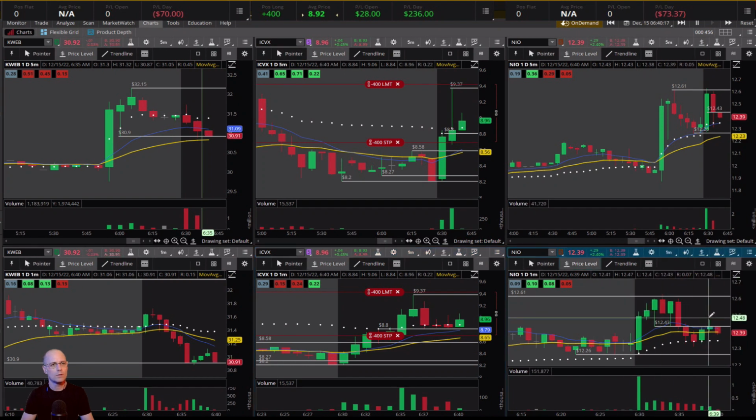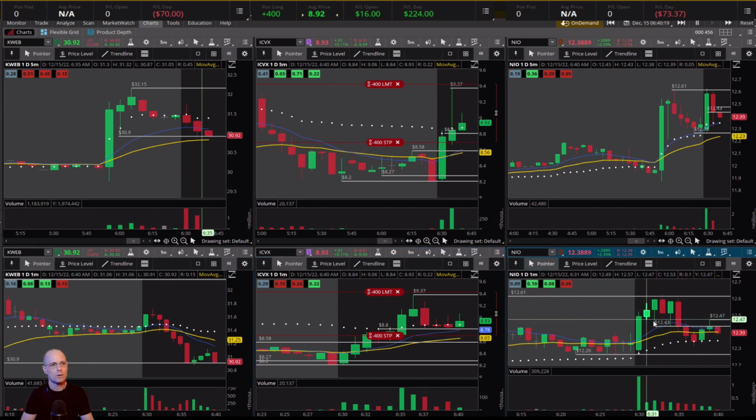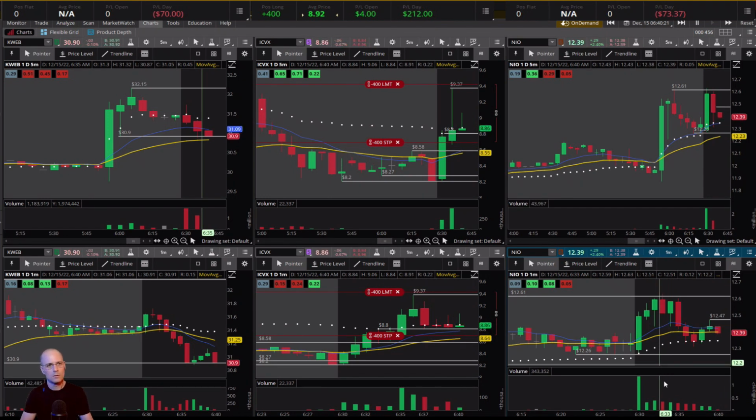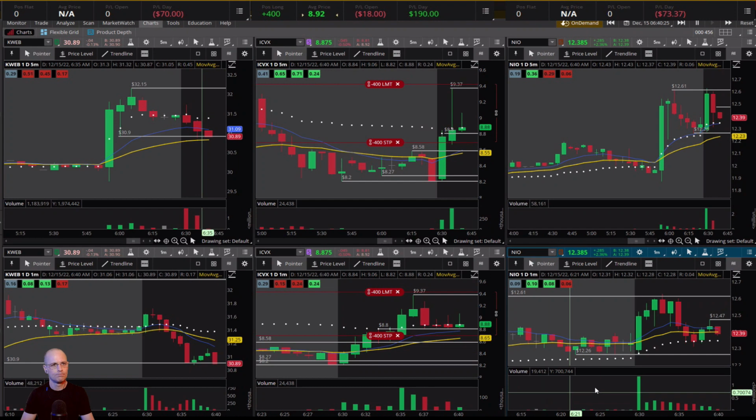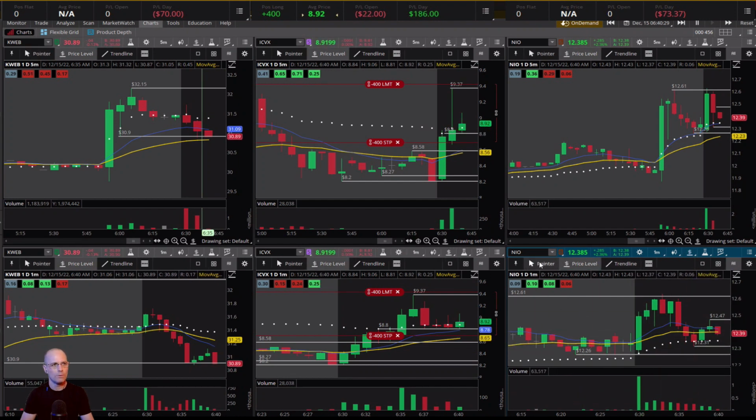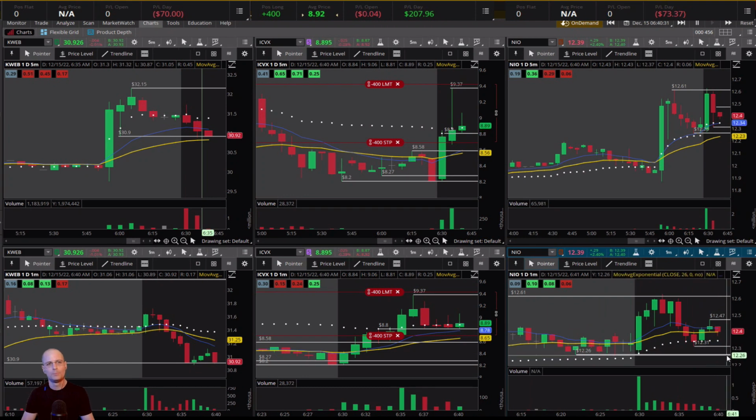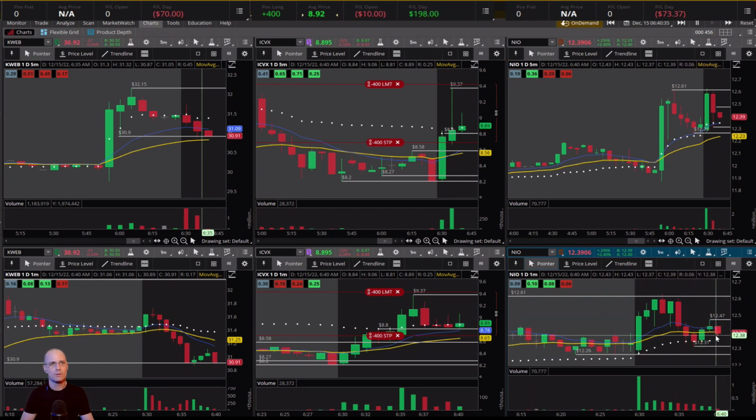So I'll be watching Neo for a breakthrough 1247. Bulls want to hold 1231. Change this 1 minute trend back to the bulls here.